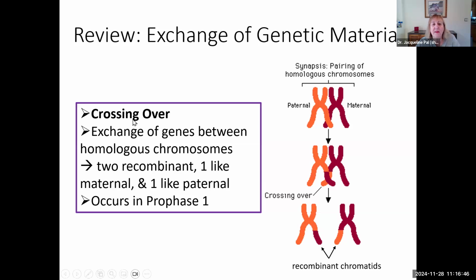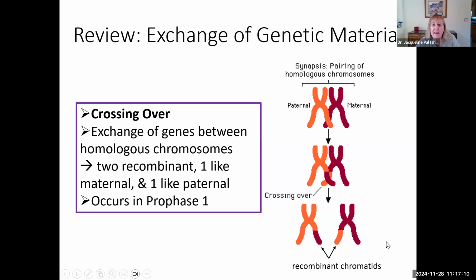This step is known as crossing over. It allows for exchange of genes between homologous chromosomes. You end up with 2 recombinant chromatids, 1 chromatid like the original maternal chromatid, and one like the original paternal chromatid. And this occurs in prophase 1.